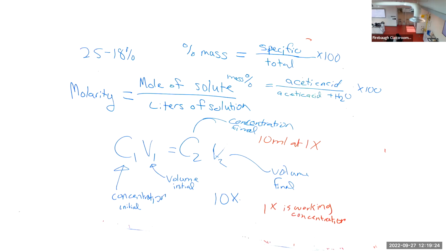Okay, the way it works is, again, we're going to be using this equation. We want 1x, 10 mils. So that's going to be what we want finally. So if we go C1 V1 equals, in this case, 10 mils, 1x. And we know that our concentration is 10x.